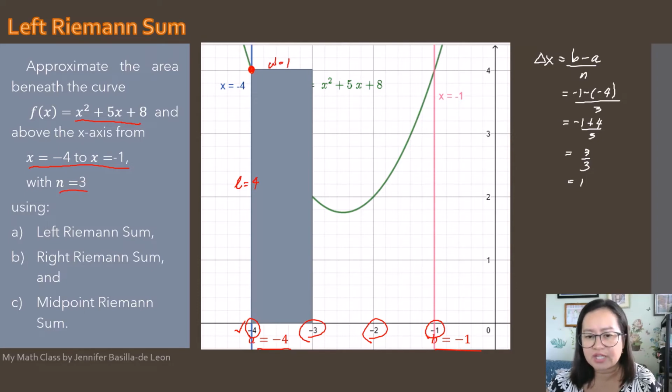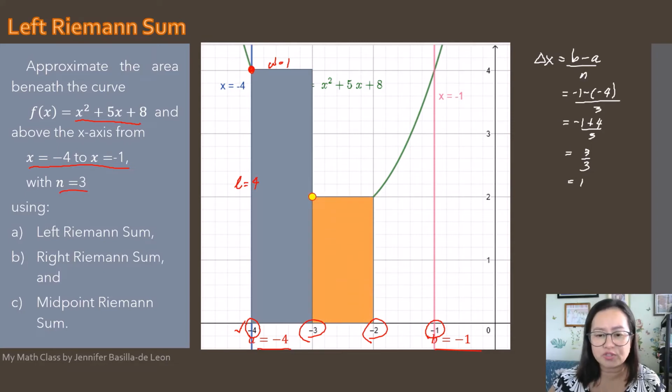Now let's have the second rectangle. The second rectangle lies on the second subinterval from -3 to -2. Now we are considering the left vertex. Now we evaluate again the function f of x equals x squared plus 5x plus 8 at x equals -3. Evaluating that, we will have length equal to 2.